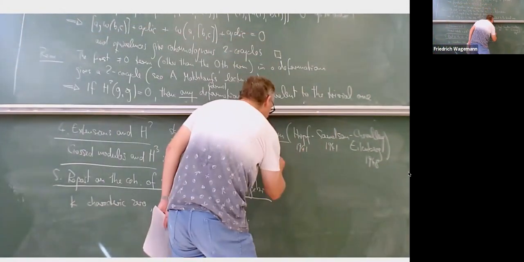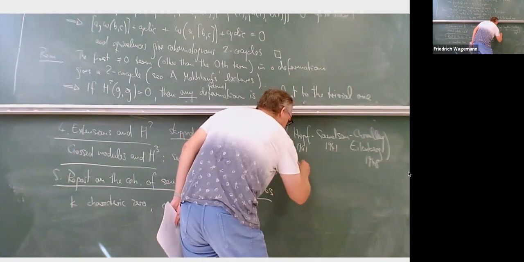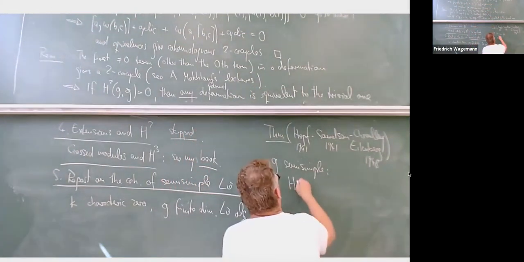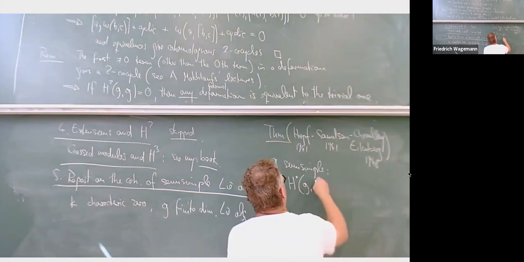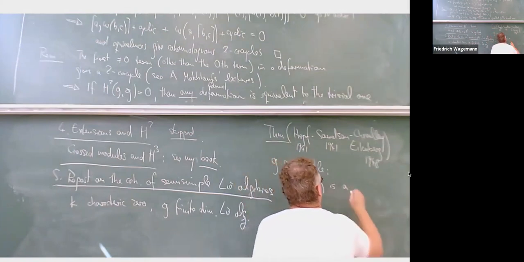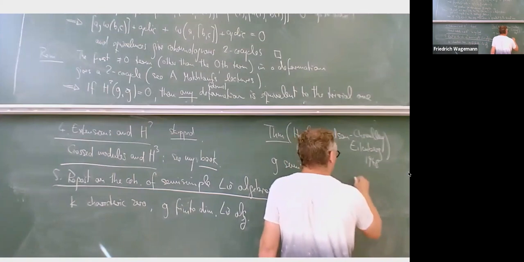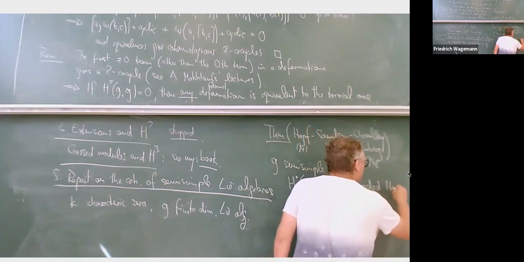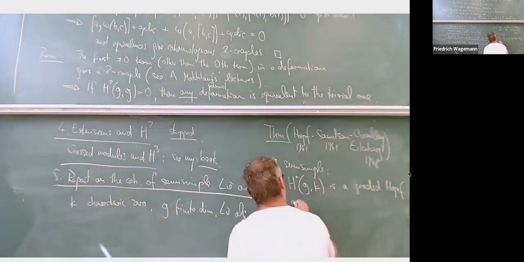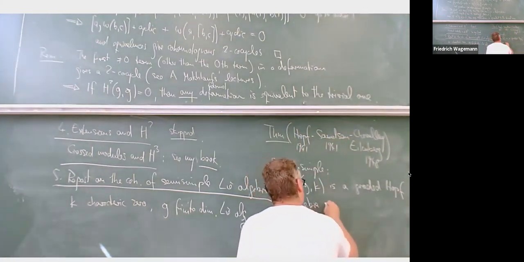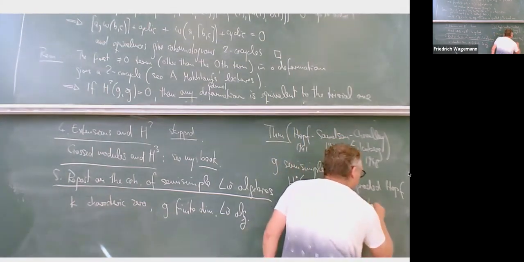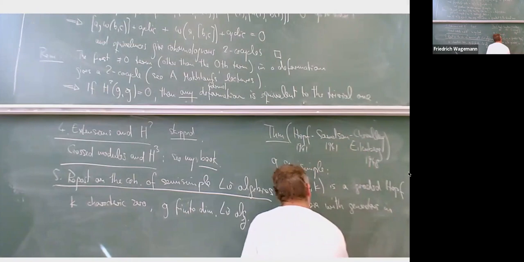So for G semi-simple, homology with trivial values is a graded Hopf algebra with generators in odd degrees.